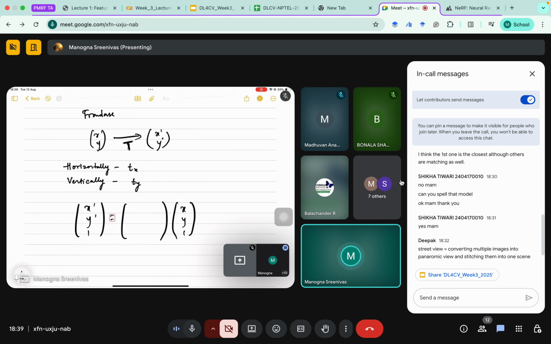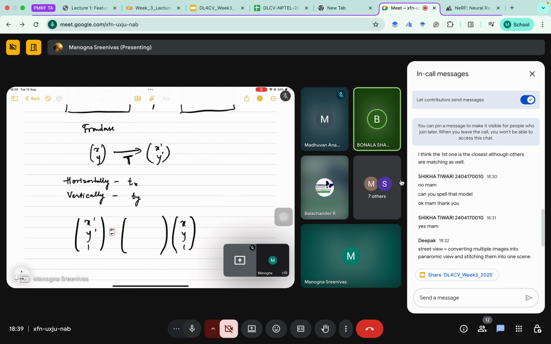So if I have done this kind of translation, what would this matrix be? Can anyone fill in the values here? It's a 3 by 3 matrix, right? Or just tell me the relation between x and x prime, y and y prime, if I have done this kind of translation.